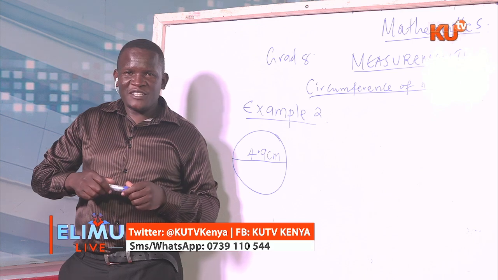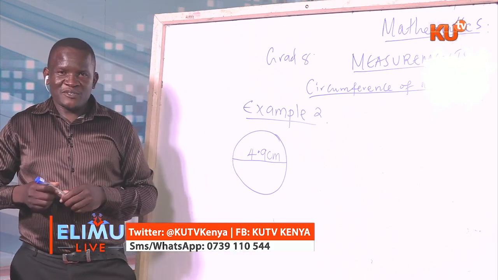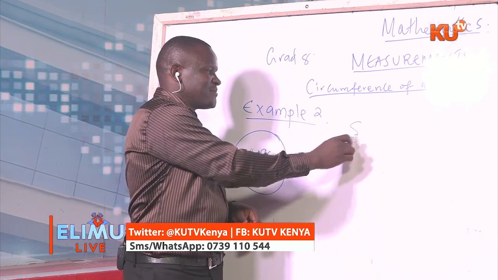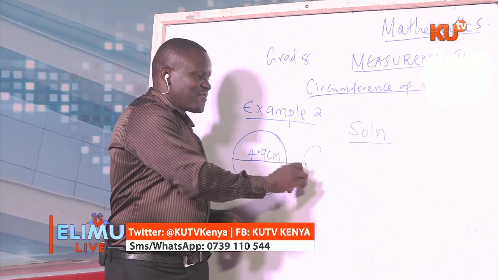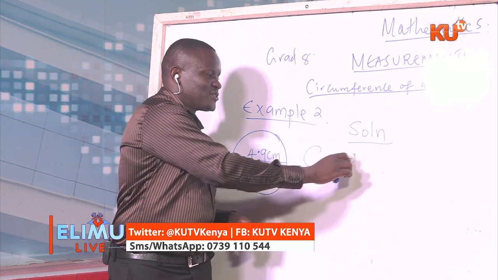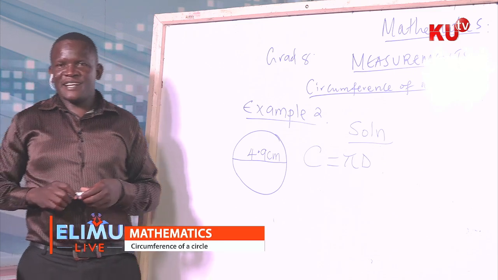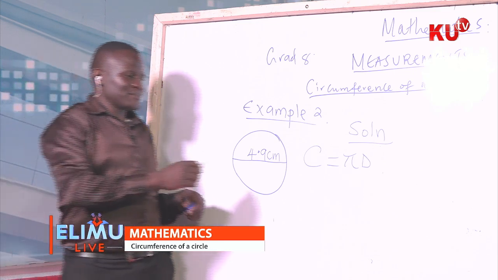So we are going to follow the same procedure. Our formula will still remain the same. Circumference is equals to pi d.